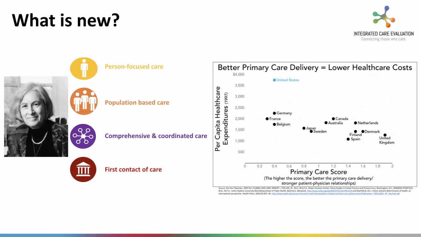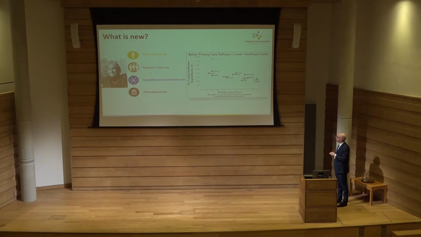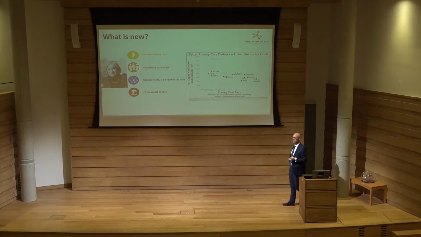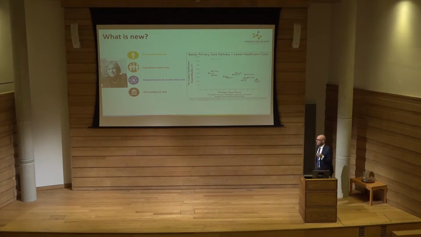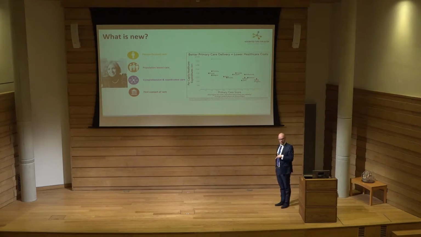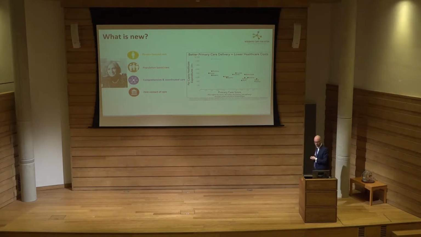And what's interesting, because she pointed out in several studies, and this is old, I know, but it's important to know what's creating value, is that here you have a primary care score from 0, which is the worst score you can have, to 2, a fantastic primary care system. So it's benchmarked basically on these kinds of elements. And she showed that countries that have this organized better have lower healthcare costs per capita, and the same figure she also presented, you can look it up in the literature, for the quality indexes.